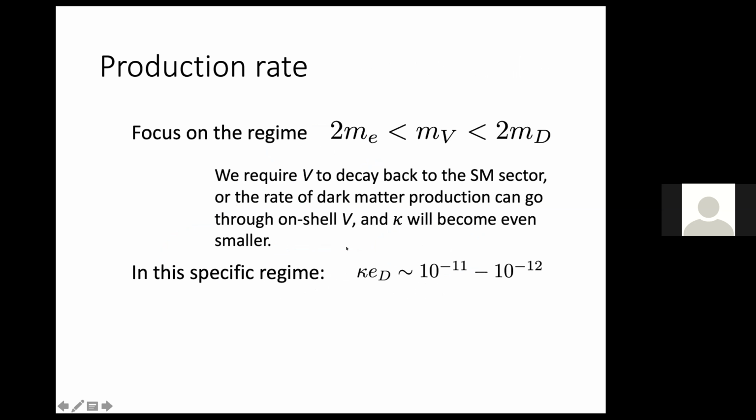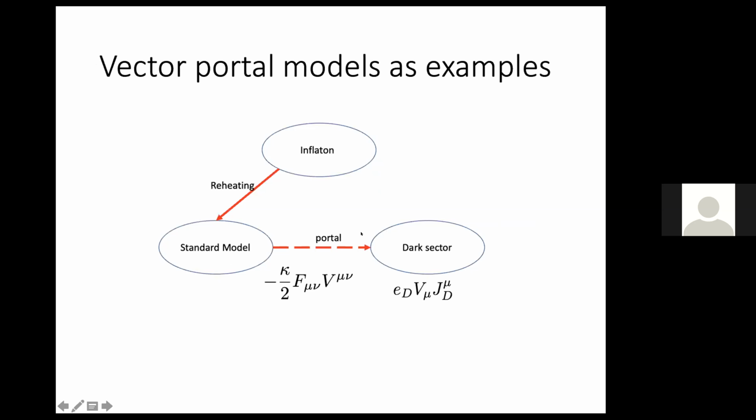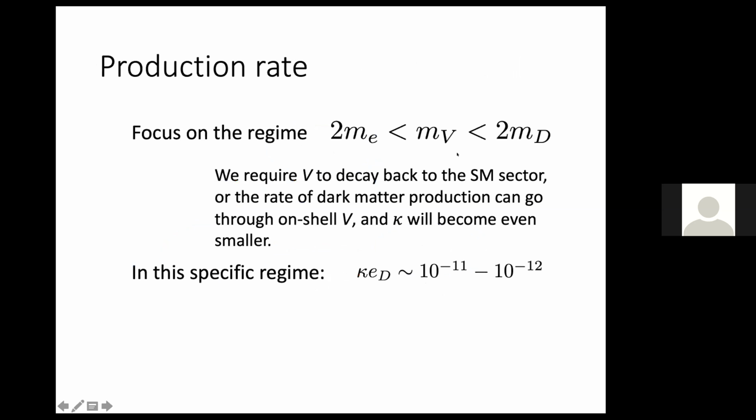But the direct detection, we know, is related to the product of kappa and E dark, okay? It is related to the product. But we also know, as we will see later, that E dark itself must be small, okay? So that means if this mediator can decay into the dark matter directly, then the signal will be further suppressed, okay?